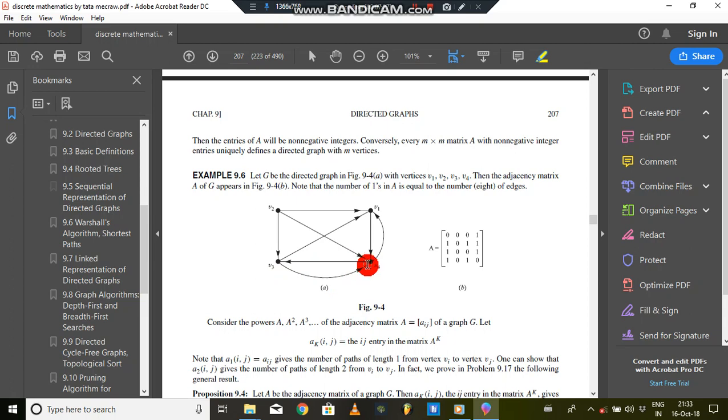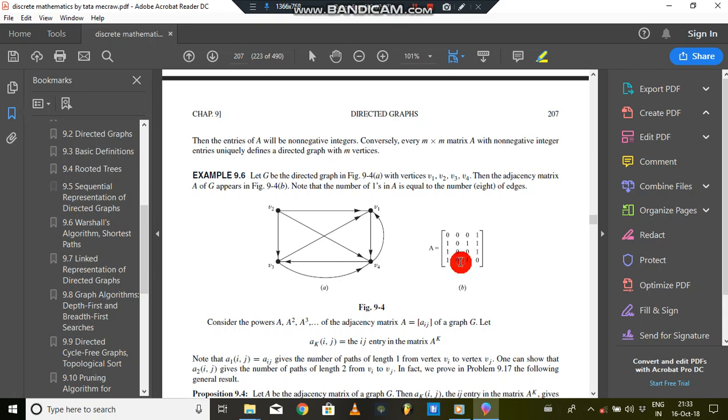Not this one, this is v4 and v3, this is v3 and v4, and this is v4 and v4. This condition, where a node has an edge to itself, is also called the reflexive condition.